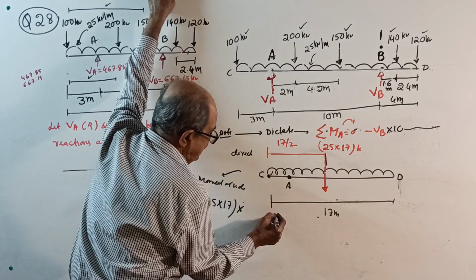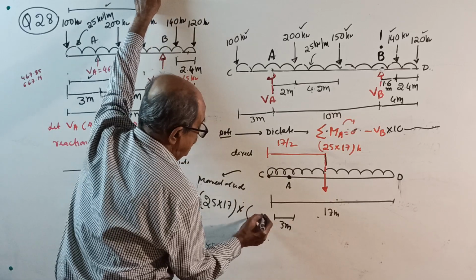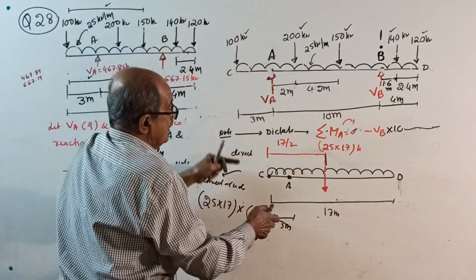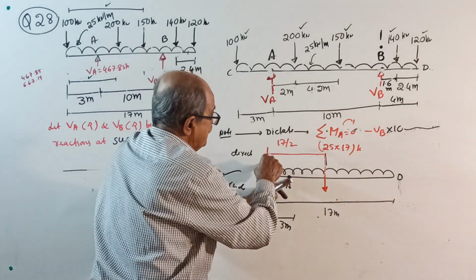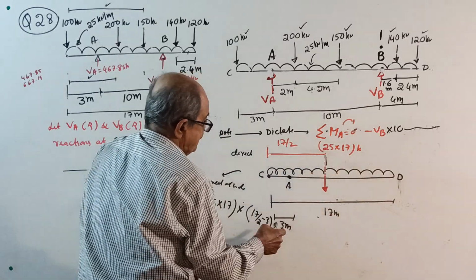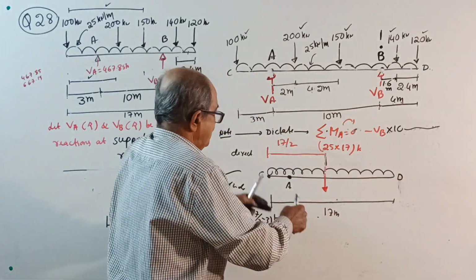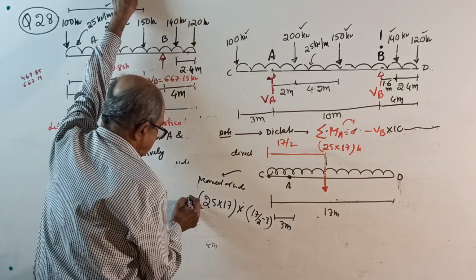But this distance is 3 meter. So into 17 by 2 minus 3. See here, moment about A, it is acting at 17 by 2 here. From here to here is 17 by 2 minus 3. And since the resultant load is acting on the right side, it will produce clockwise moment, plus.